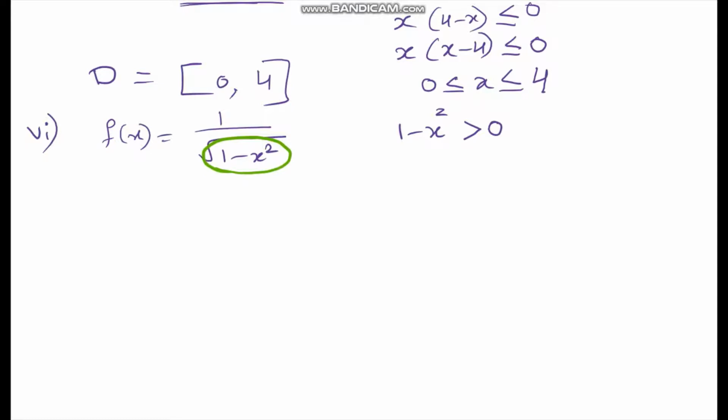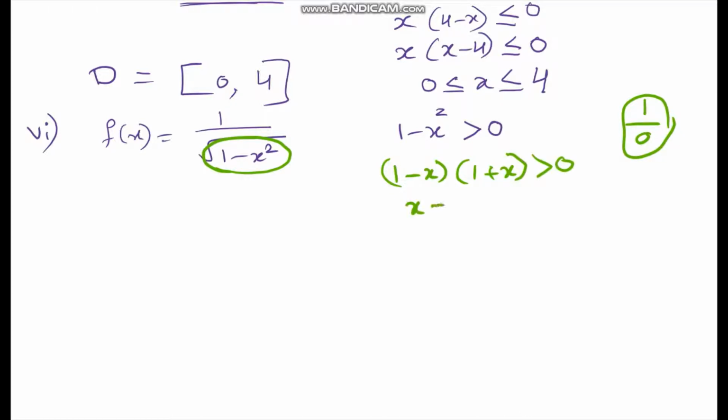If it is 0, then it will be in the 1 by 0 form, which is not defined. (1 minus x) into (1 plus x) should be more than 0. So minus 1 less than x less than 1.